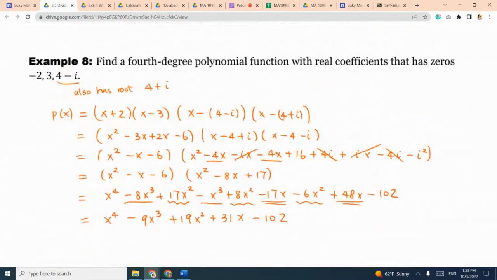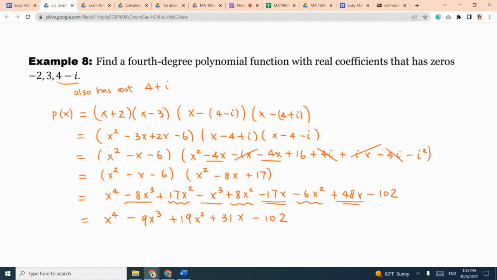And this one: find a 4th-degree polynomial function with real coefficients that has zeros -2, 3, and 4 minus i. A degree 4 polynomial usually has 4 roots, right? So even though the problem only tells you 3 roots, you know the conjugate will be another root. Yes, everybody? So it has the root 4 plus i.